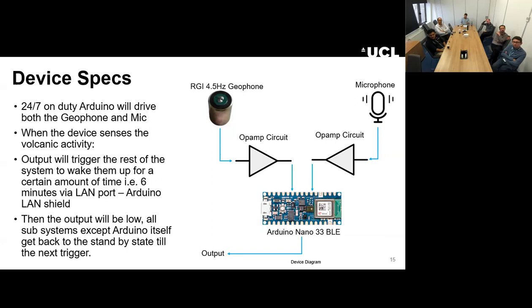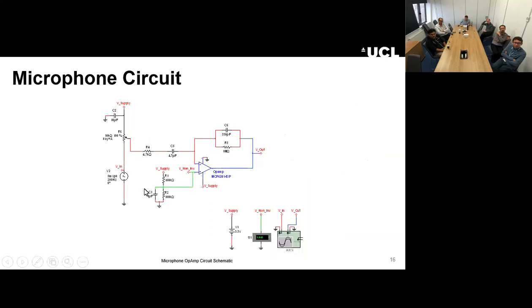And we are planning to wake the rest of the system up with the LAN port, to develop communication between the computer and Arduino using a LAN chip for Arduino. Then, after the time, the output will be low, and all the other systems, except the Arduino, the watchdog itself, are going to go back to the standby state until the next trigger.